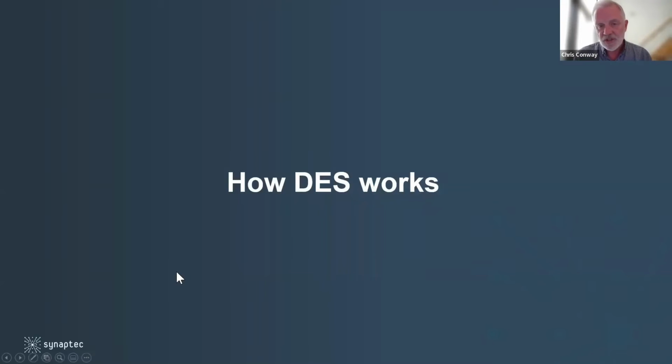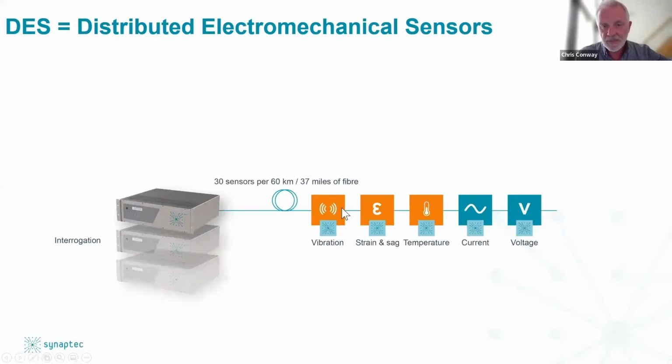So a little explanation with regards to distributed electromechanical sensing and how it works. This technology is based upon fiber Bragg grating technology. Fiber Bragg grating technology has been used for many, many years in the telecoms industry, but in terms of sensing applications, it has a lot of applications in defense and also in oil and gas.